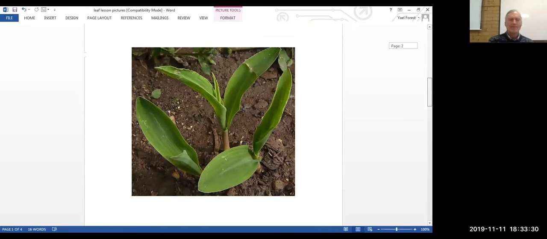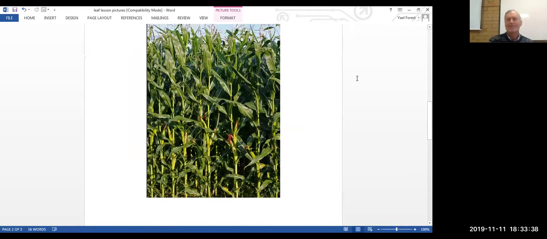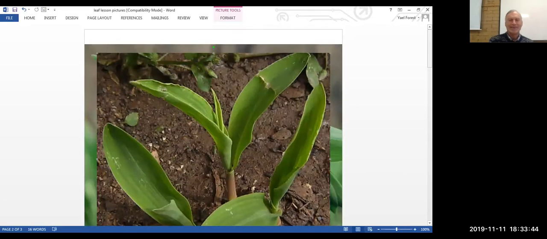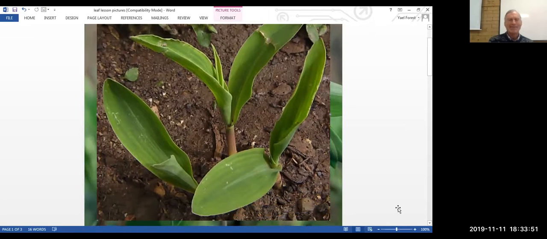So there's another plant. Oops. Oh, well, while we're here, no, that's something else. Here we go. Anybody know what this plant is?